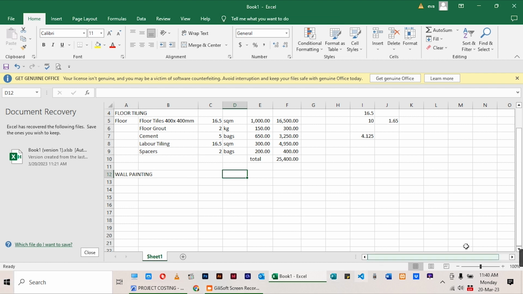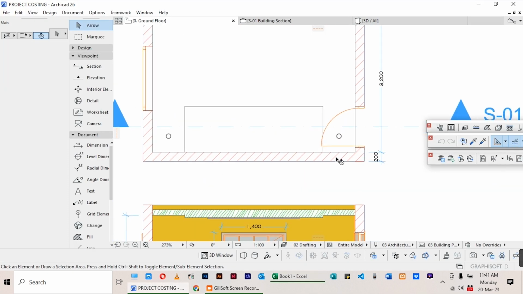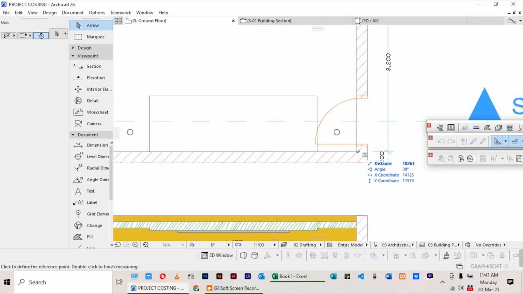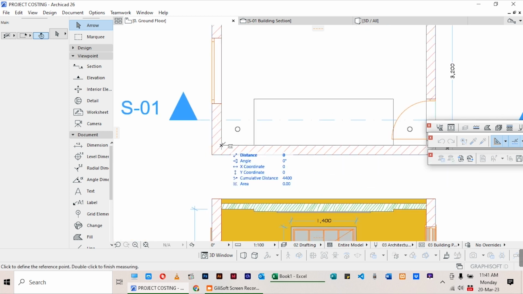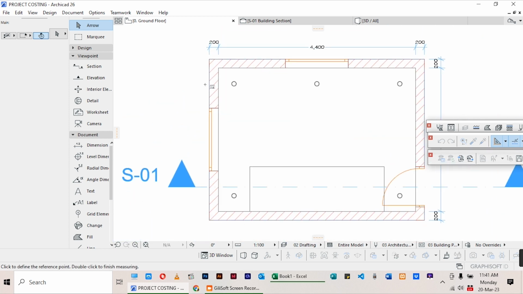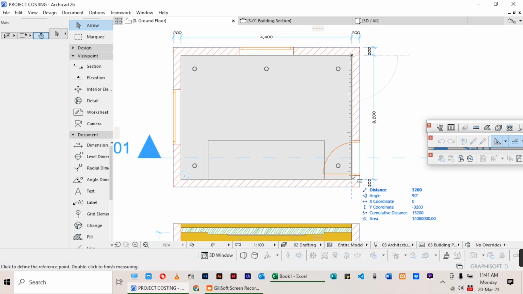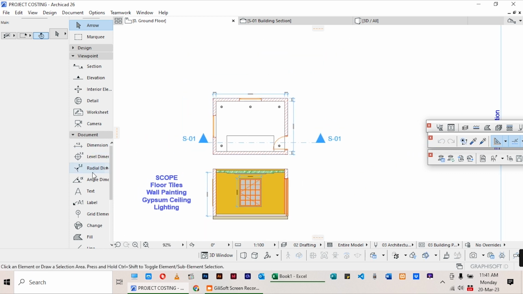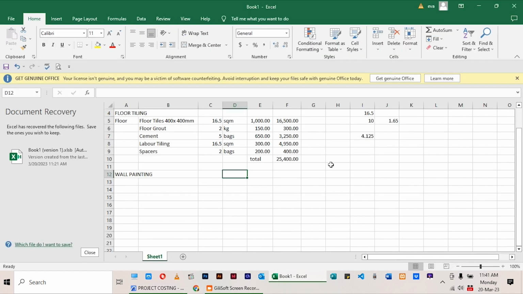And again, we work with square meters. Come to our wall. Our wall again will be calculated from here. And you can see we have 15.2. That's the length. Go to the wall here. 15.2.